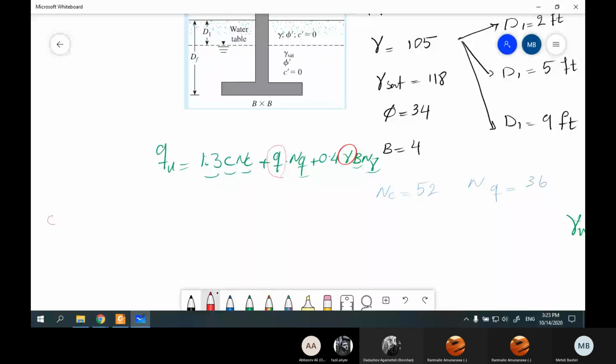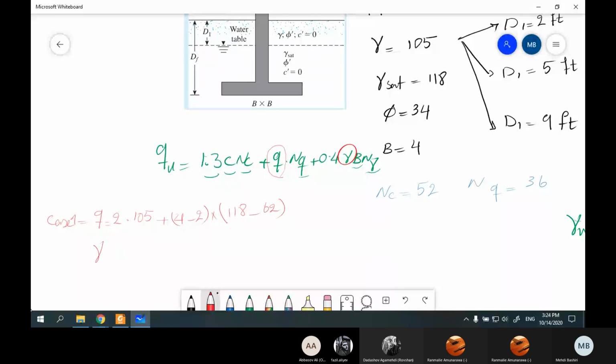For the first case, Q is equal to 2 because D1 is 2. 2 dot 105, Q is 105, plus 4 minus 2 dot gamma prime. What is gamma prime? Gamma saturate 118 minus 62. Okay.